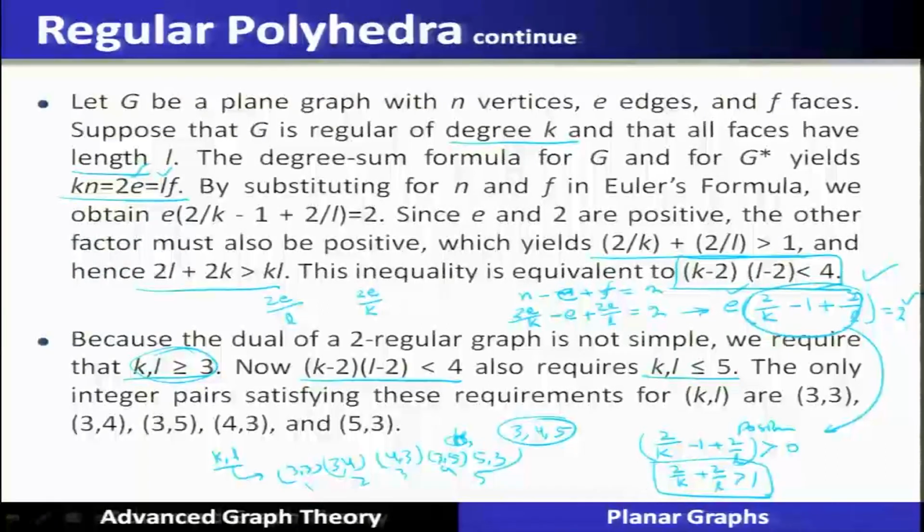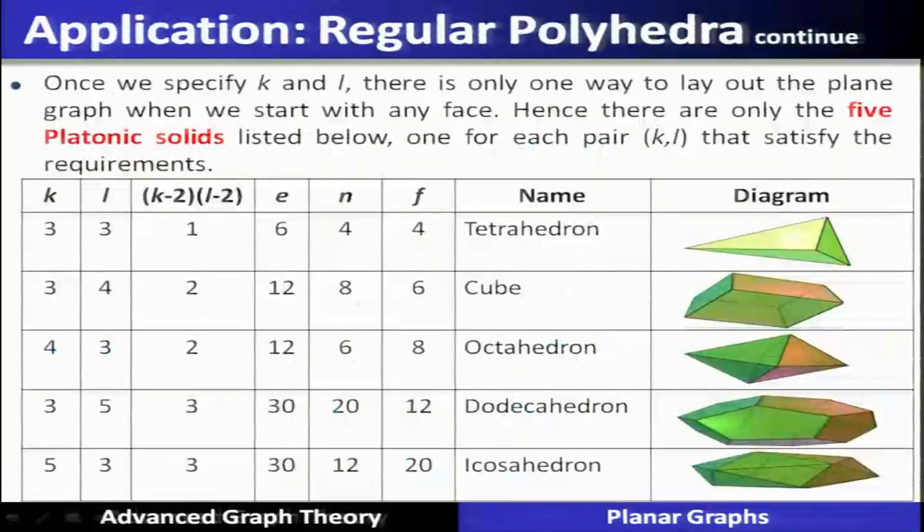There are only 5 possible pairs of k and L. Now k is the degree and L is the length of the faces. Once we specify k and L, there is only one way to lay out the plane graph when we start with any face, hence there are only 5 Platonic solids, one for each pair k and L that satisfies this requirement, and they are called regular polyhedra.